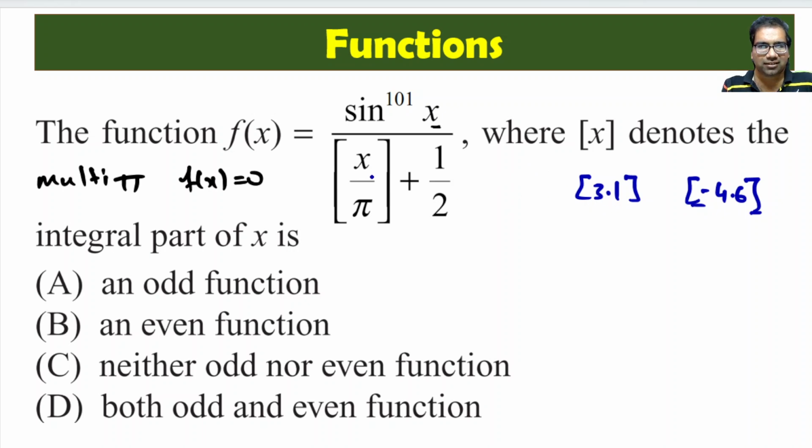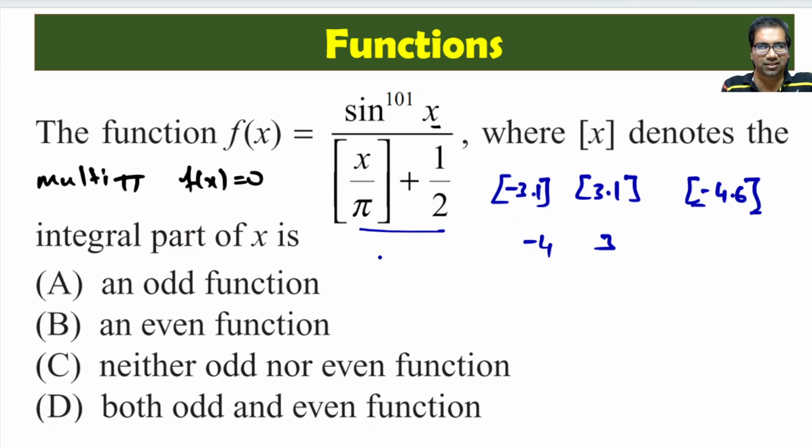Okay, now let us try to observe something. Let's take x by pi as 3.1, and then minus x by pi will be equal to minus 3.1. But we know the greatest integer function of 3.1 is 3, and of minus 3.1 is minus 4.